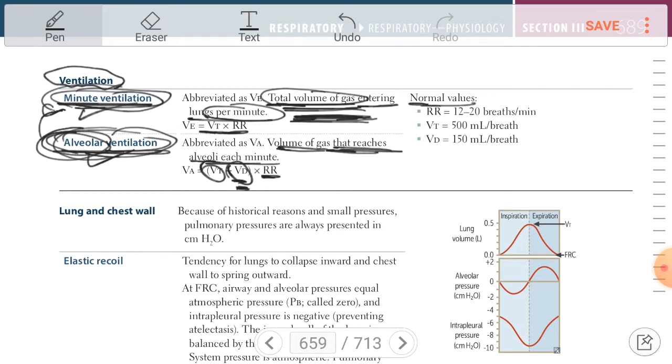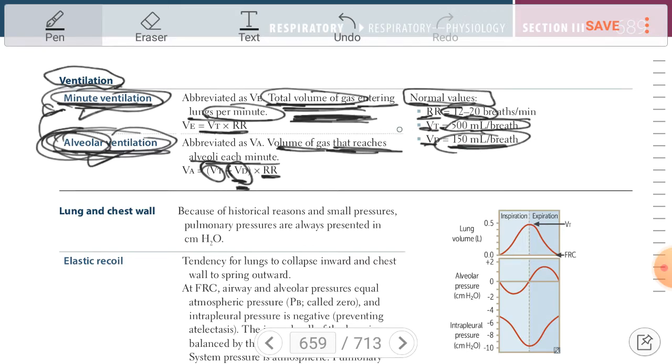So the normal values: respiratory rate between 12 to 20 breaths per minute, then tidal volume 500 mL per breath. Then the physiologic dead space is 150 mL per breath.